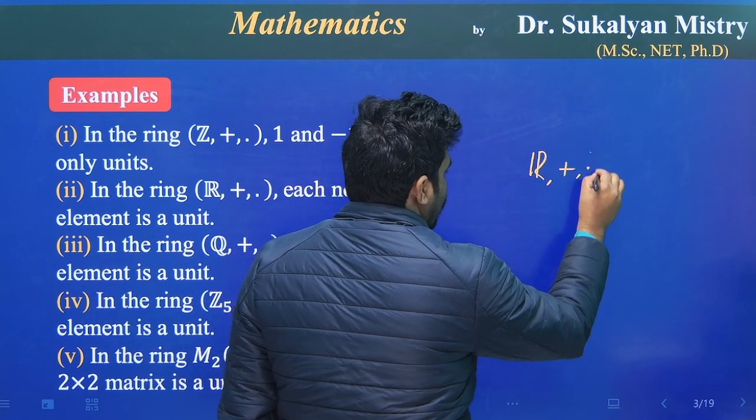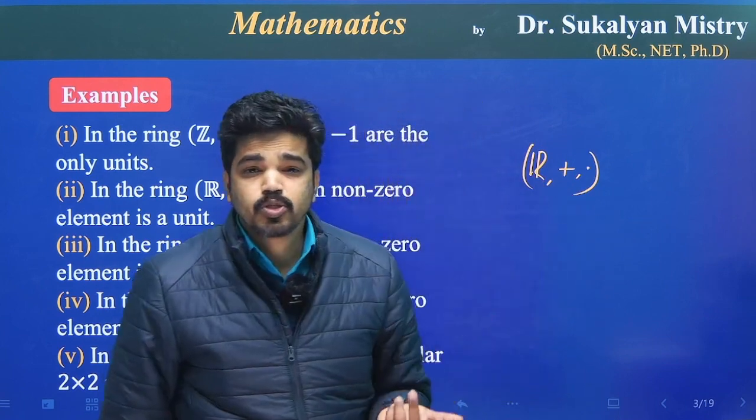R plus comma dot, তাহলে এর ইউনিটস এলিমেন্টস গুলো কি হবে?